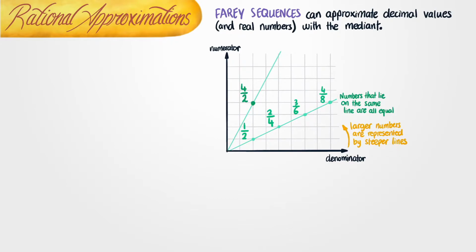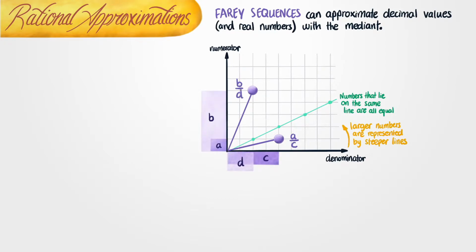Armed with these two facts, we can explain the mediant to you very easily. So let me get rid of everything we don't need, and we'll focus on the mediant. I've gone ahead and marked two particular fractions on this diagram. This one over here we're going to call a over c, because the numerator is a and the denominator is c.